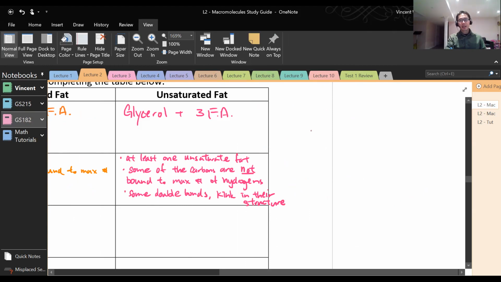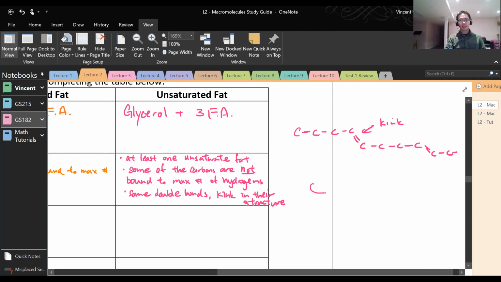So for the unsaturated fat, your carbon would have single bond, single bond, single bond, and then every now and then, if it's an unsaturated fat, you might have a double bond. Every time you have a double bond, it's going to create a kink, a little bend in the tail, right?